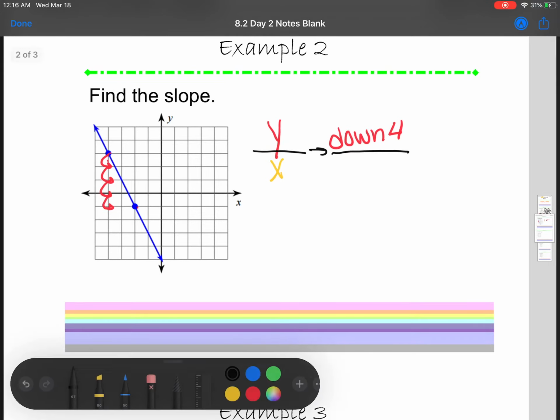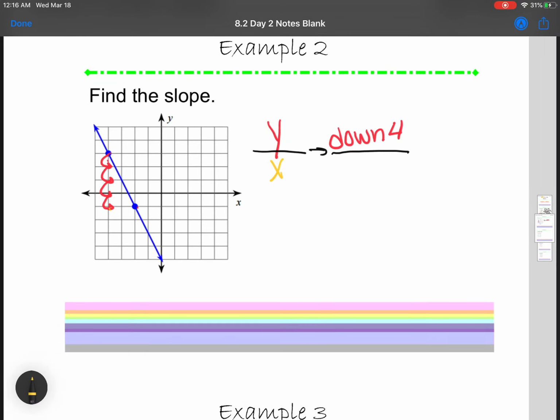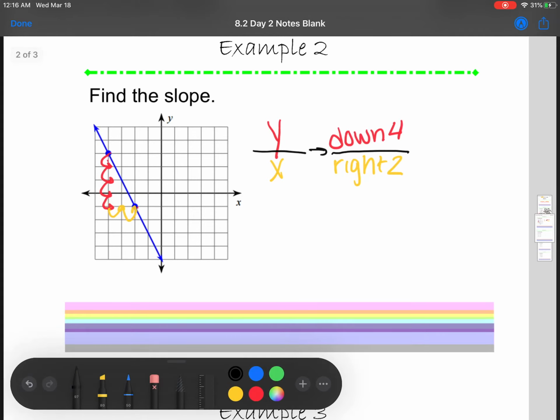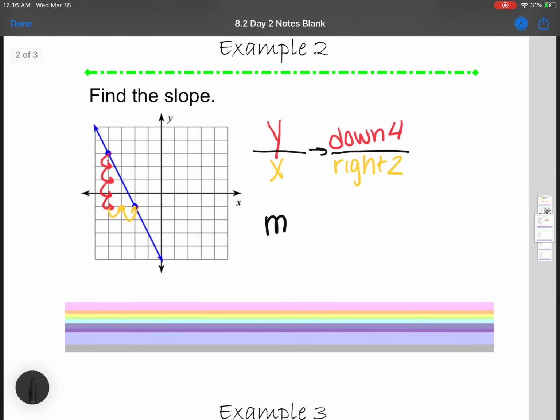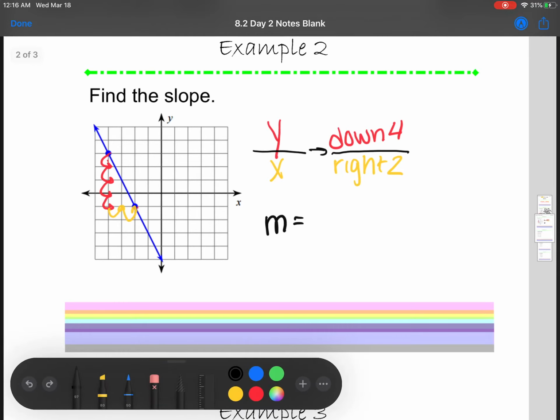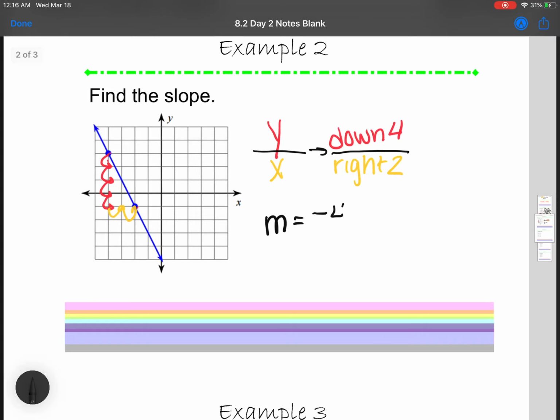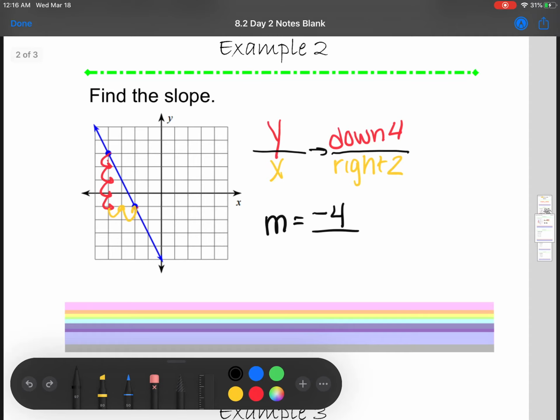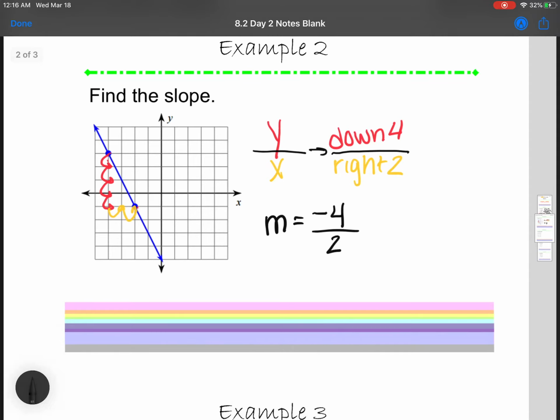And then for my x's, I am going right 1, 2, right 2. So my m is going to equal going down 4. Down means I'm coming down on my y's, which is negative. So negative 4, and I'm going to the right. As I go to the right on my x values, I am increasing my x values, positive 2. So m equals negative 2.